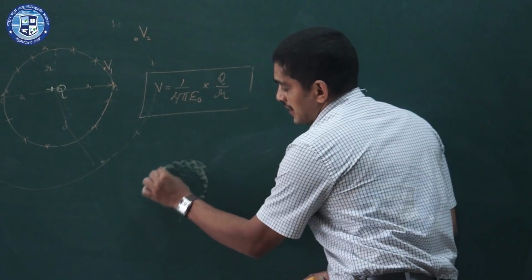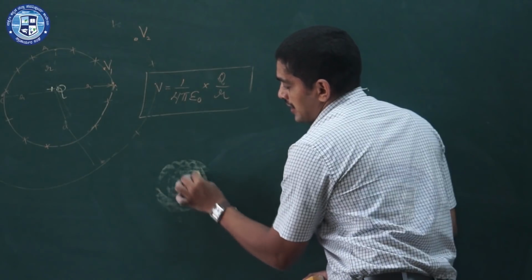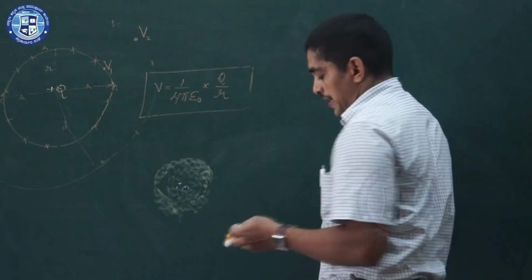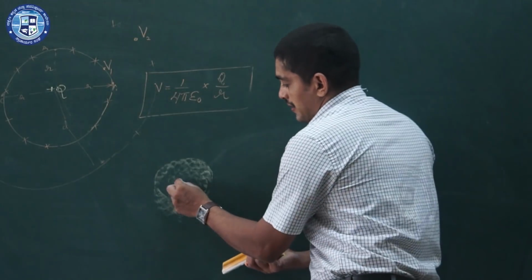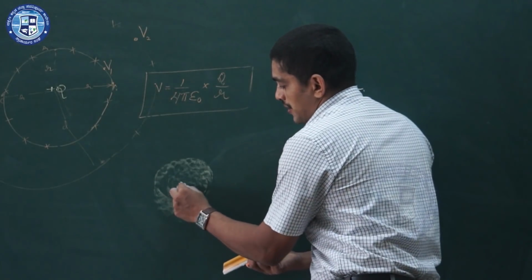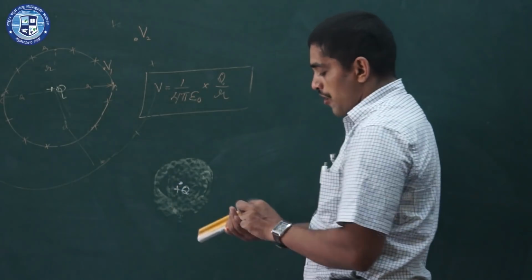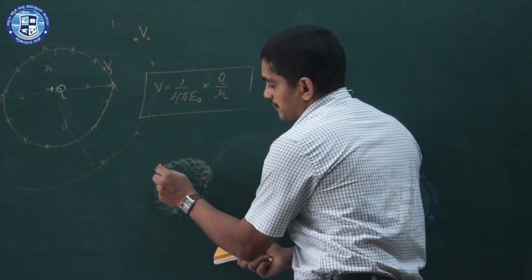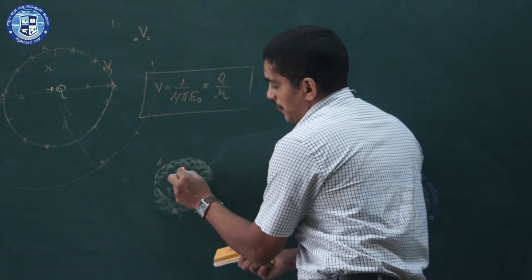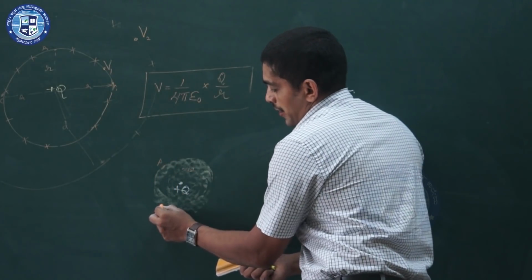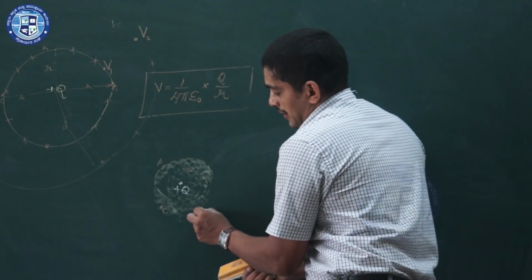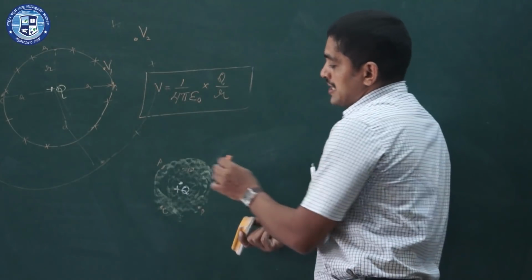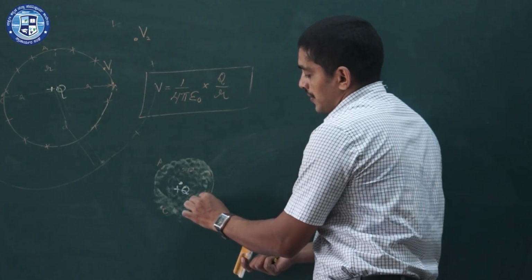What is the property of this sphere? If I take the charge as the center of the sphere, then at every point on the sphere, say I take a point A here, B here, C here, D here, everywhere on the surface of the sphere, the potential remains the same.